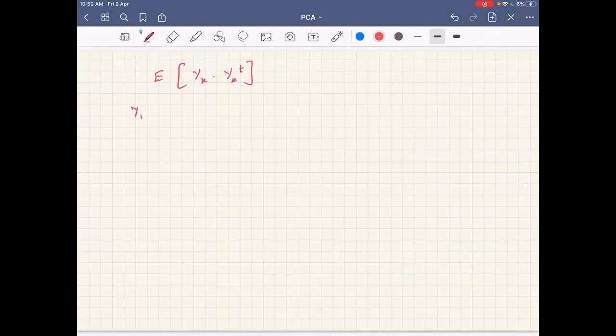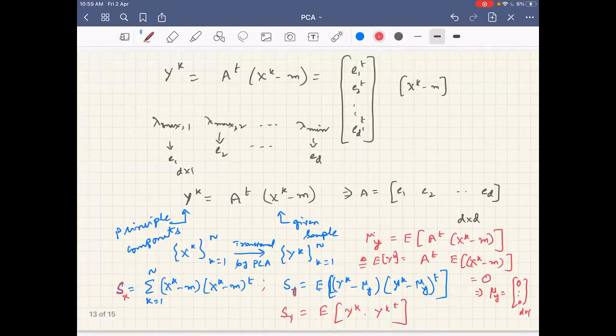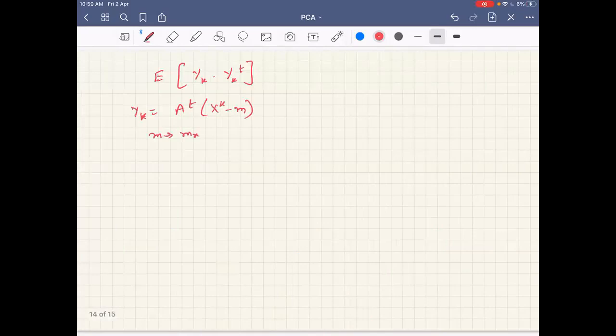What is yk? Yk is equal to A transpose into xk minus m. Please note that m means mx here. I am writing explicitly that m means mx. Sorry, we are using the subscripts and superscripts now and then interchangeably.